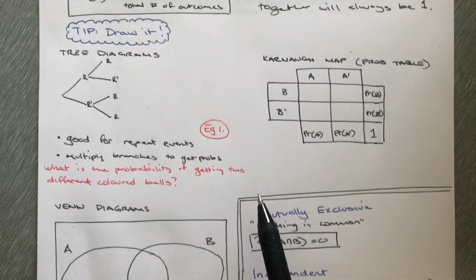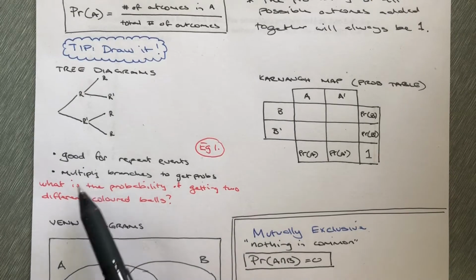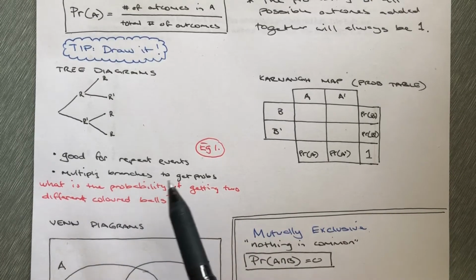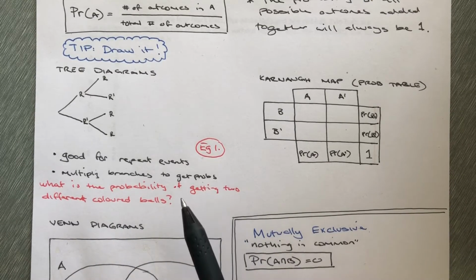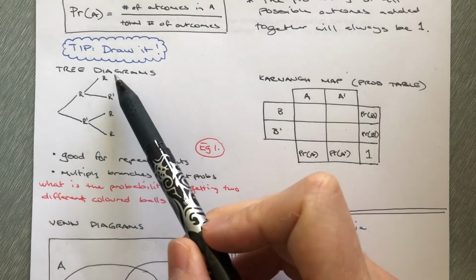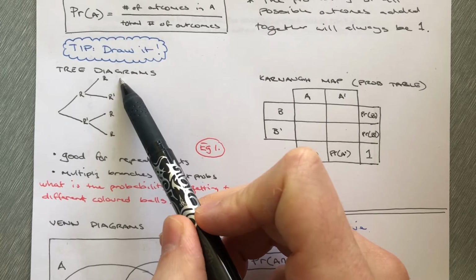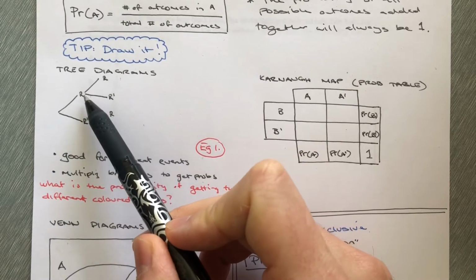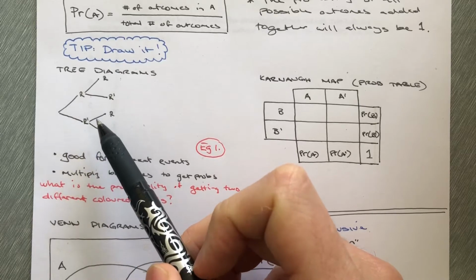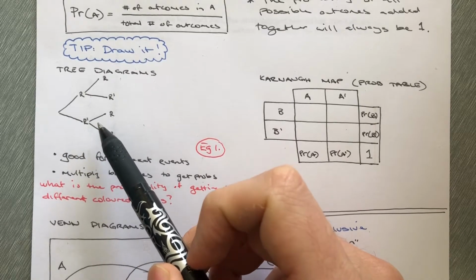Now firstly, let's look at tree diagrams. As it says down here, they're good for repeat events, and we multiply those branches to get the probabilities at the end. So up here, the probability that we work out at the top would be that we've got, let's just say this is red. Maybe we're choosing coloured balls out of a bucket or something like that.